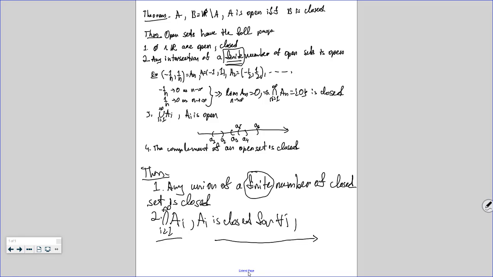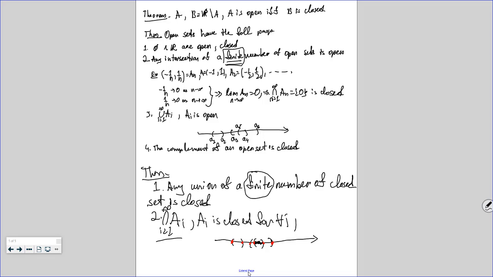Again, this is what we have. Those are the points that include their boundaries. If we take the intersection of them, it's always a closed set.